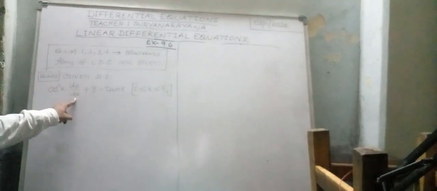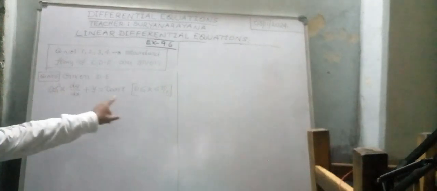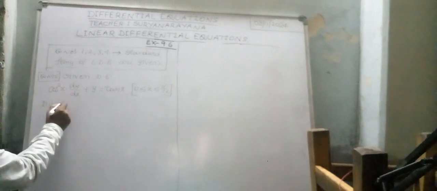But here the dy by dx coefficient is cos square x. So we divide this entire equation by cos square x, first converting this differential equation into the standard form.